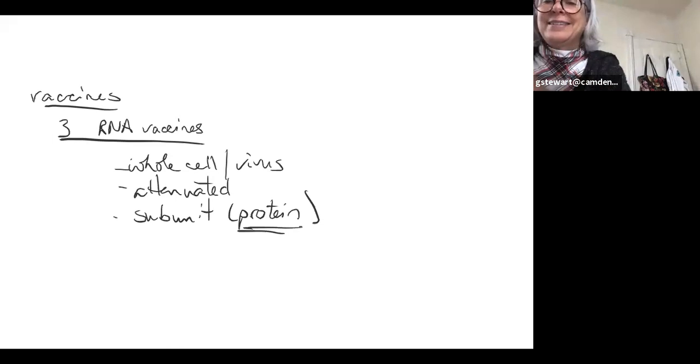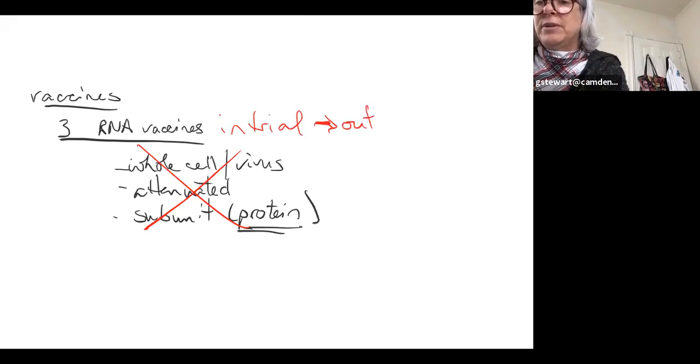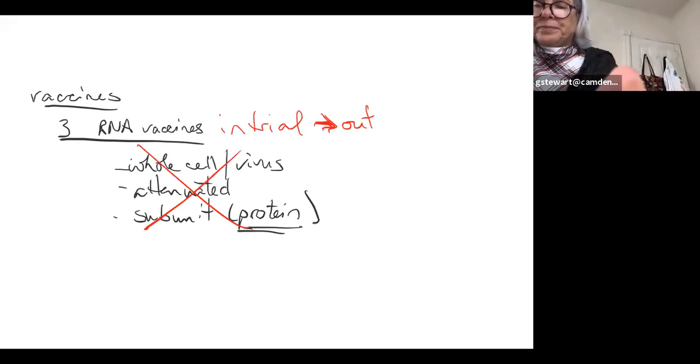So this is all three of the vaccines that are in trial and are actually out now. Some people have already, I heard yesterday that people in England are already being vaccinated. And I think in December in some places in the US, first responders are going to start getting vaccinated. This is just RNA.